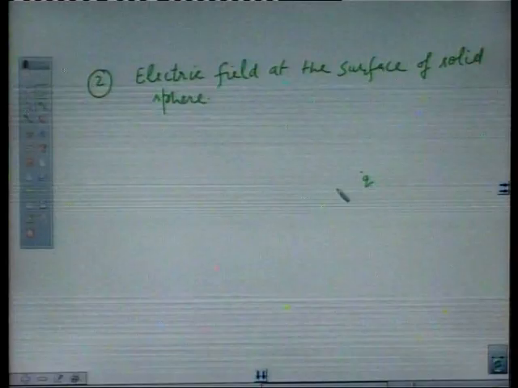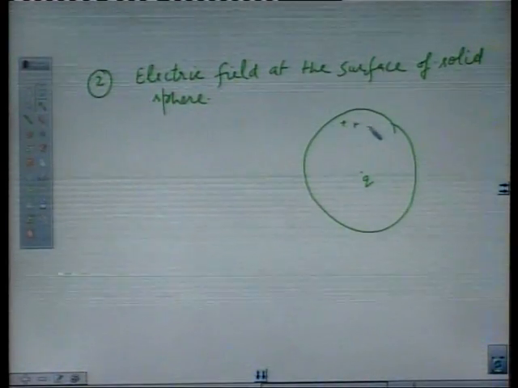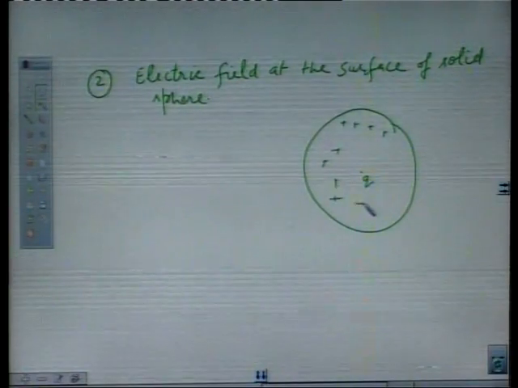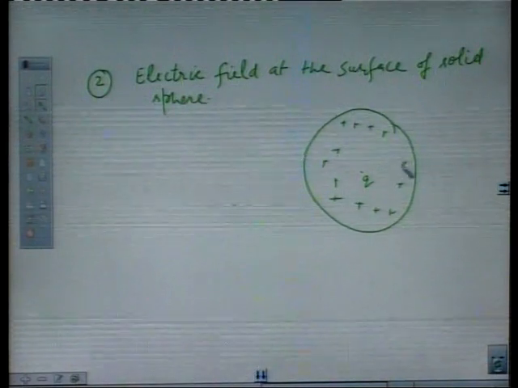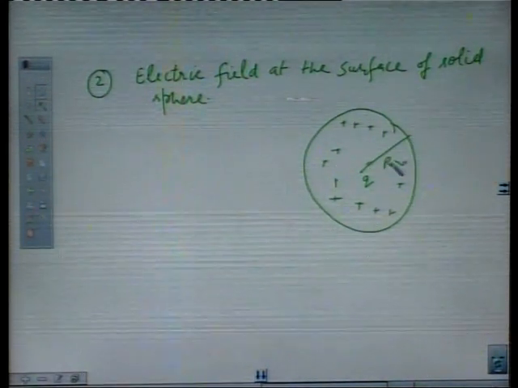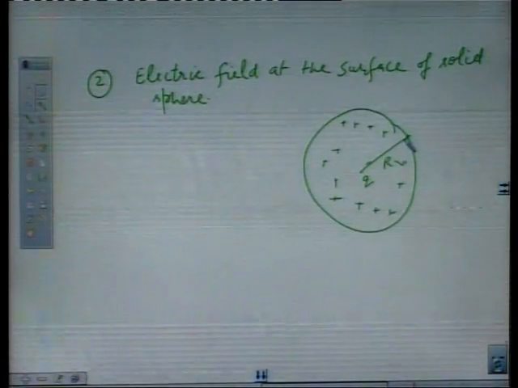We have charge q which is lying inside the solid sphere and it is uniformly distributed. Now, the radius of this sphere is r and we have to find the electrical field at the surface.